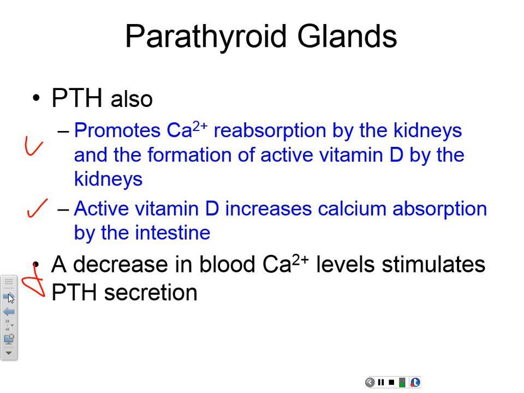So sometimes in the exam, if I want to be fancy, I'll say, if calcium levels go low, tell me the hormone that is produced and what effects it will have. If calcium levels go up, tell me the hormone that is produced and the effects of that hormone. So if calcium levels go up in the blood, then you release calcitonin, right? And then it will activate osteoclasts to take up calcium in the bone.